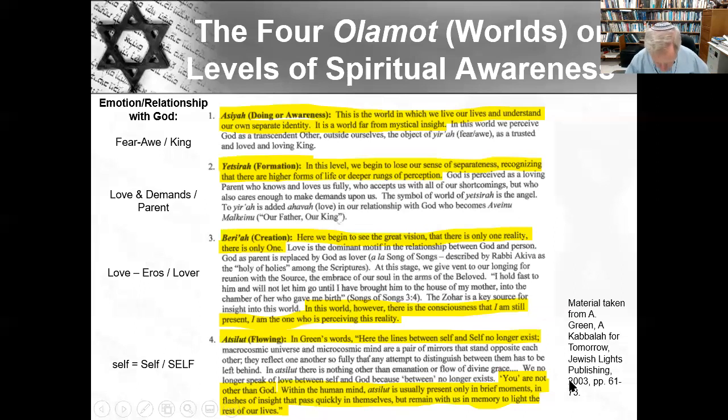Within the human mind, Atzilut is usually present only in brief moments, in flashes of insight that pass quickly, but remain with us in the memory to light the rest of our lives. The Kabbalists I know speak of these moments of insight where you completely lose yourself and you are one and connected with everything.